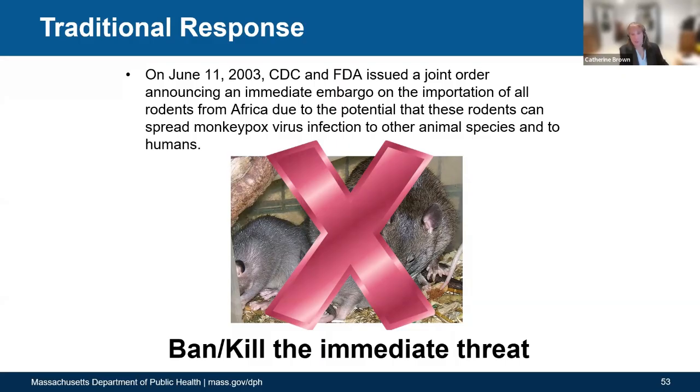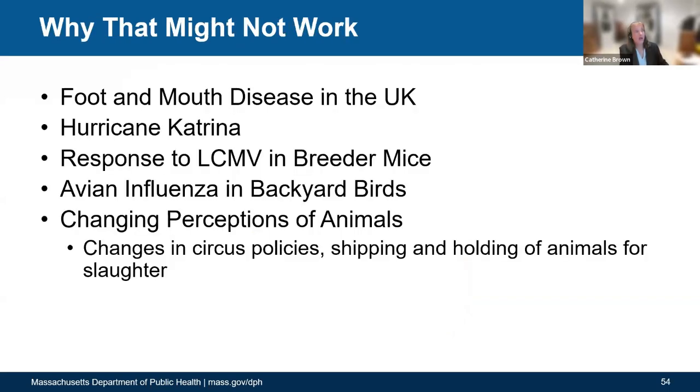The response was just to ban importation of these pouched rats, which, okay. And certainly killing groups of animals to prevent disease transmission is something that continues to happen, and sometimes it's the right thing to happen. But I am going to say that those recommendations don't work as well as they used to because there's less and less human appetite for them.